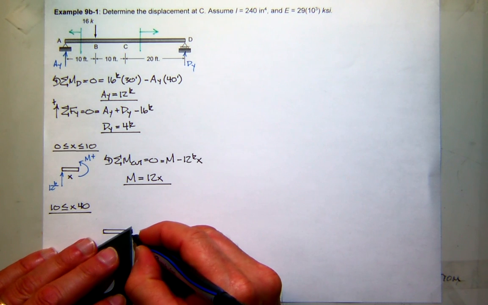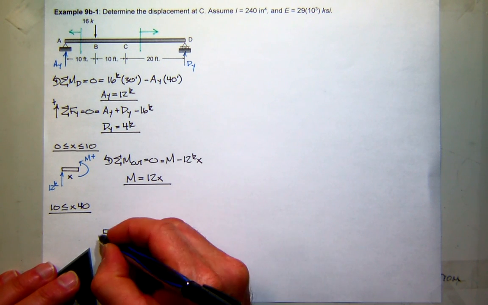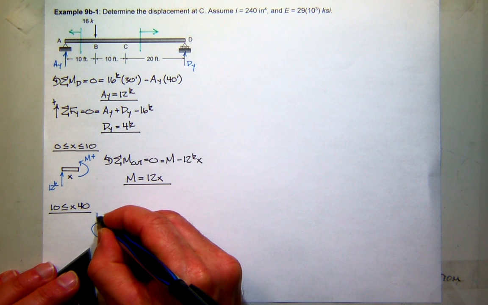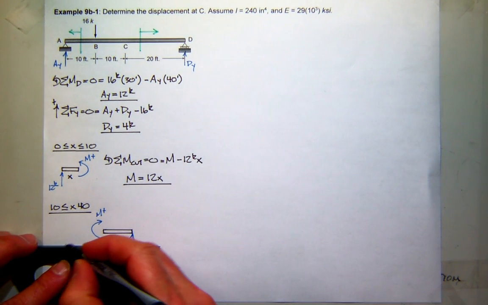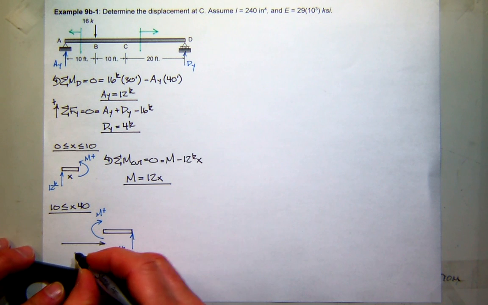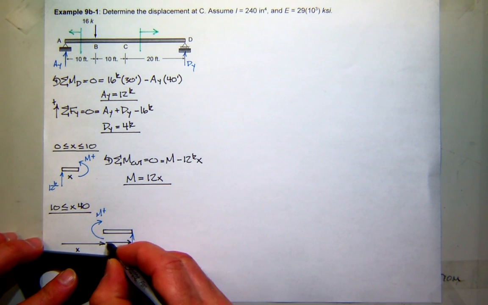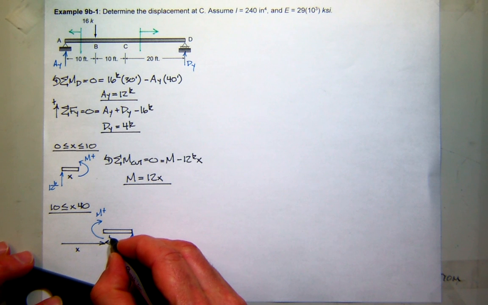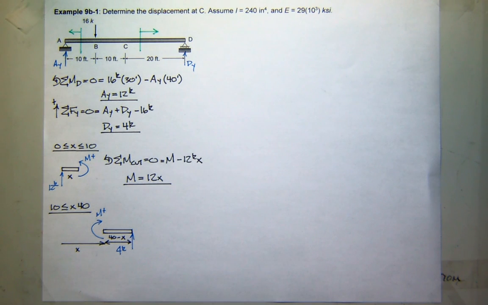I know DY is 4 kips. Here's my internal moment. The distance to the cut is x, and what is the distance of the piece? 40 minus x. Everybody see that?